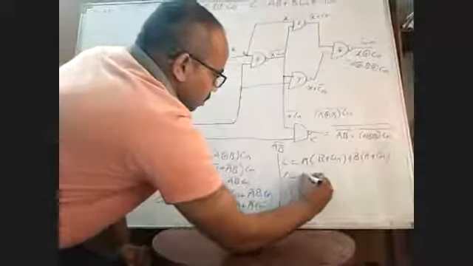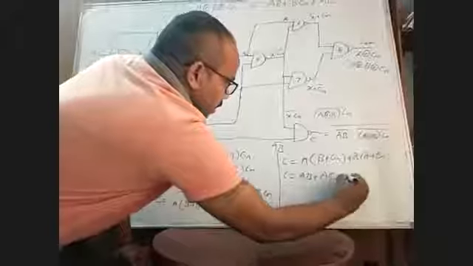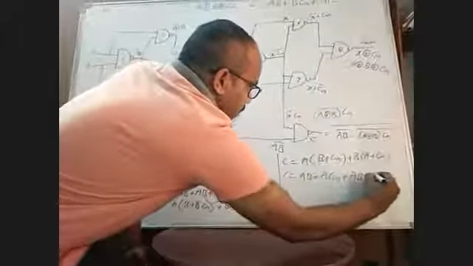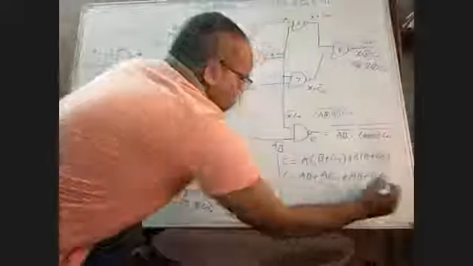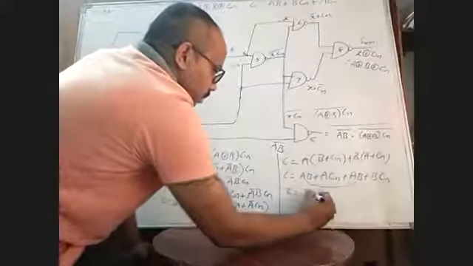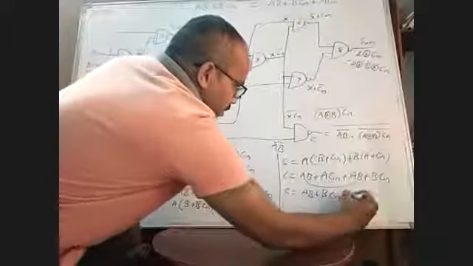Now multiply. C equals AB plus AC in plus BC in plus AB, and AB plus AB is AB. We can write this as AB plus BC in plus AC in. This is the carry output.